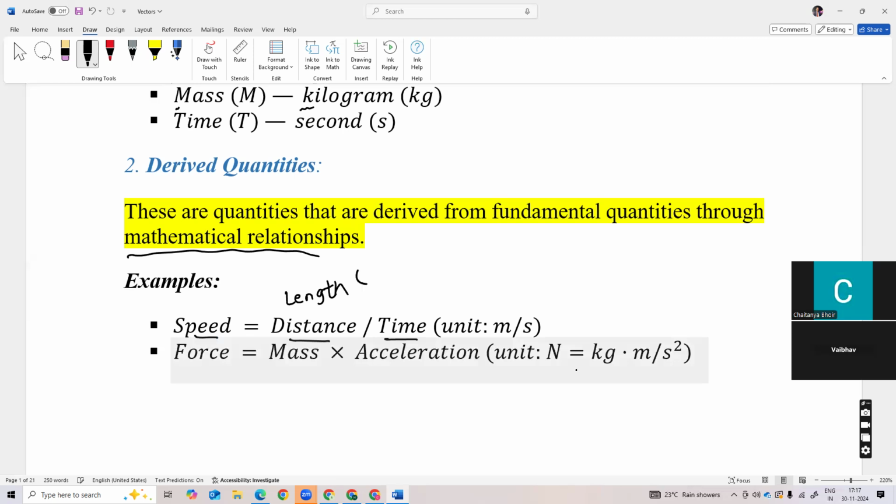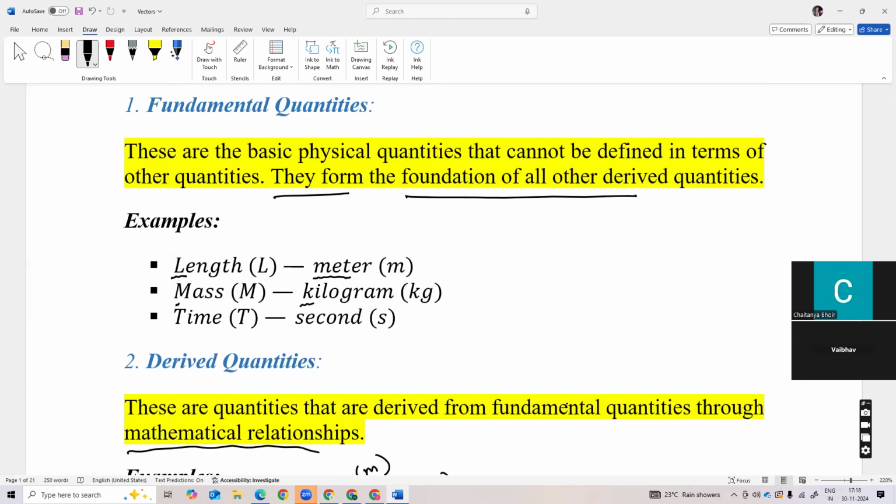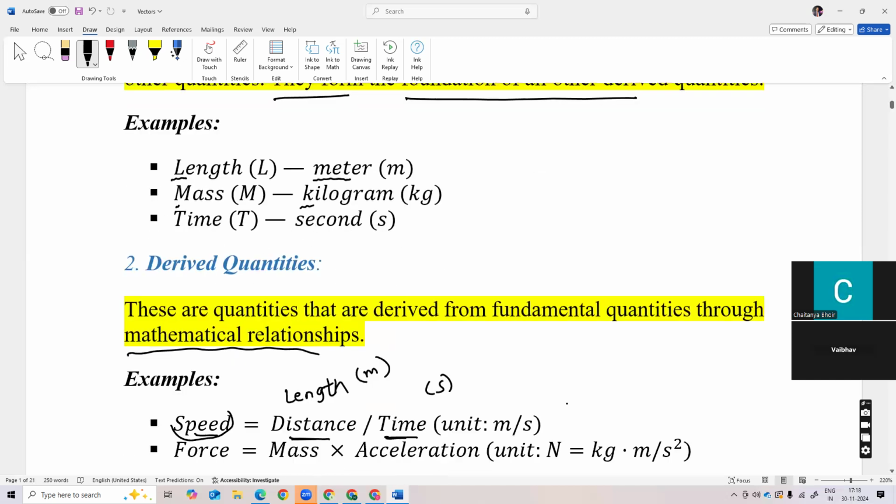The unit of length is meter and the unit of time is second. So we got speed as distance upon time, and its unit is meter per second. We have derived speed from two fundamental quantities, distance and time, whereas fundamental quantities don't require any other physical quantity for their definition or derivation.